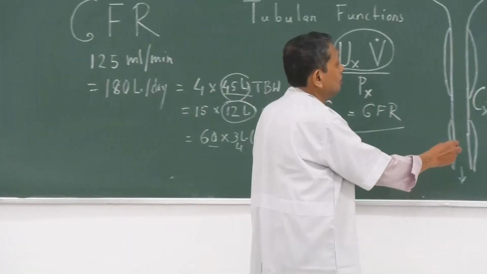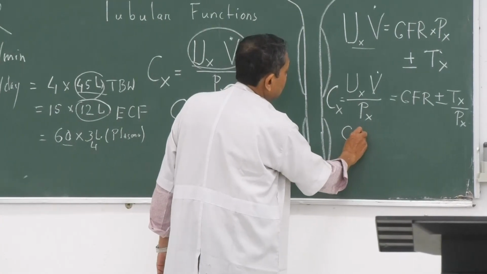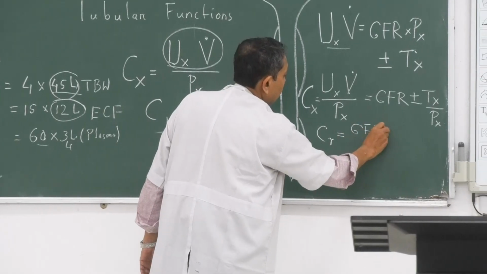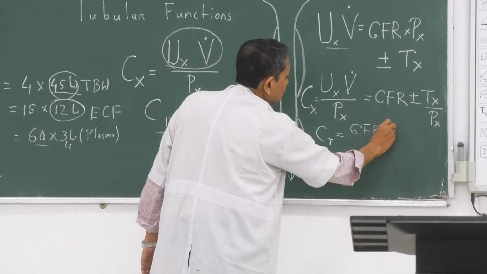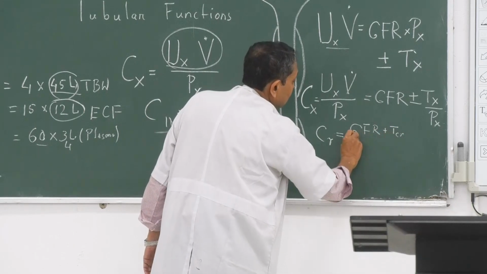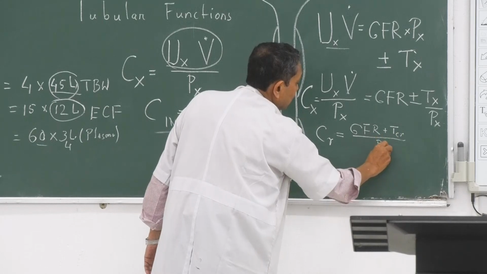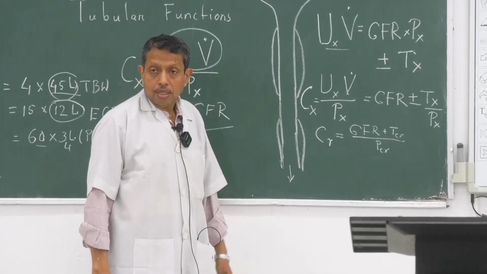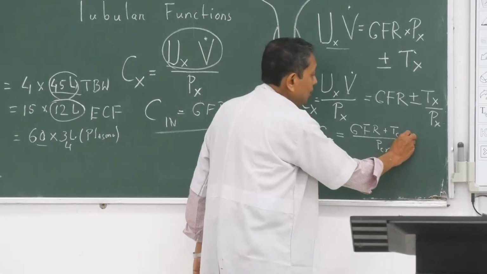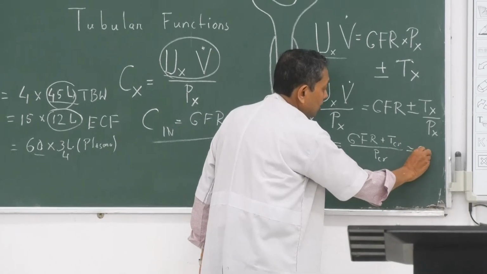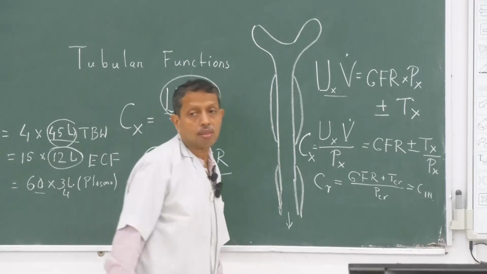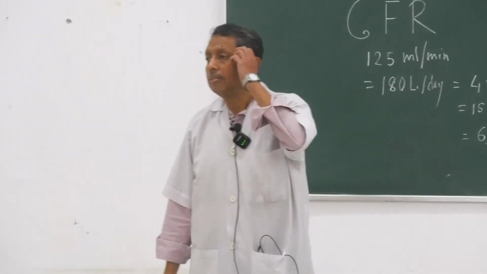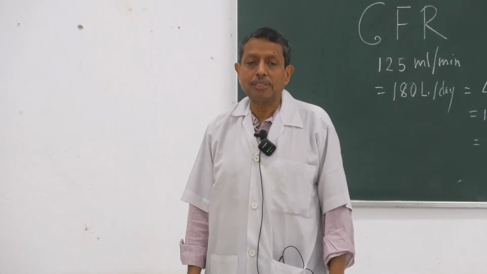So TCR divided by PCR, since PCR is to some extent overestimated, this ratio is almost equal to the clearance of inulin. Though it is not accurate in that sense, it is sufficiently accurate for clinical purposes.